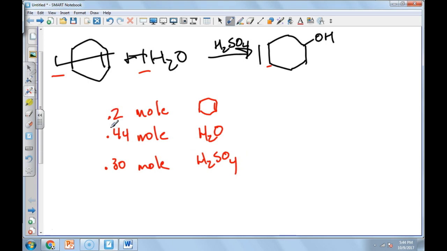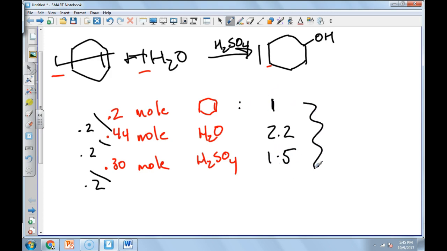We're going to pick the smallest of each of these. So the smallest here is cyclohexene, and that's going to be 0.2, and we're going to divide each of them by the smallest. And so that gives this as a ratio of 1, and then this is 2.2, and this is 1.5.